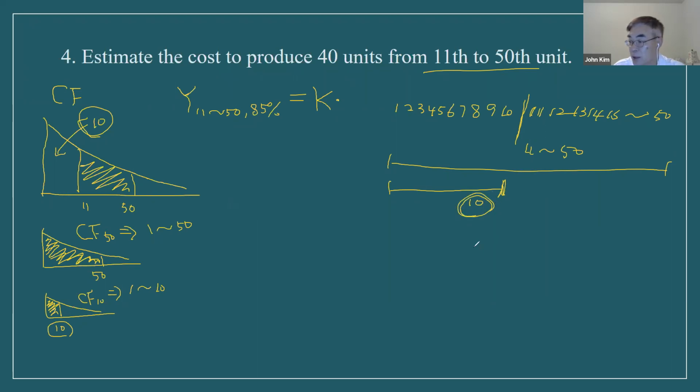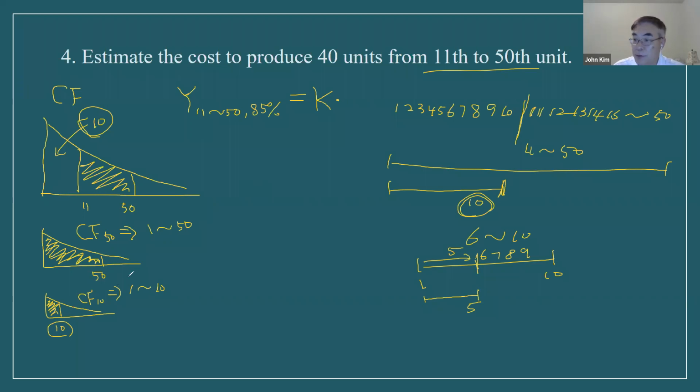The same as if the question asked you from 6 to 10, then we should take from 1 to 10, then subtract up to 5. So we need 6, 7, 8, 9, 10. So subtract up to 5.